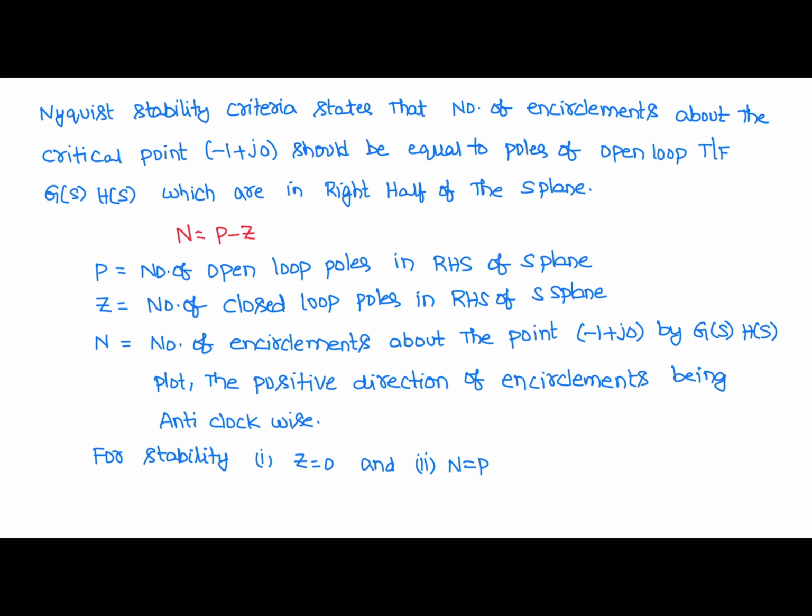Therefore, N is equal to P minus Z, where P is the number of open loop poles in the right half of the S plane, Z is the number of closed loop poles in the right half of the S plane, and N is the number of encirclements about the point minus 1 plus j0 by the G of s H of s plot, the positive direction of encirclements being anti-clockwise. The condition for stability is Z is 0, that is N is equal to P.